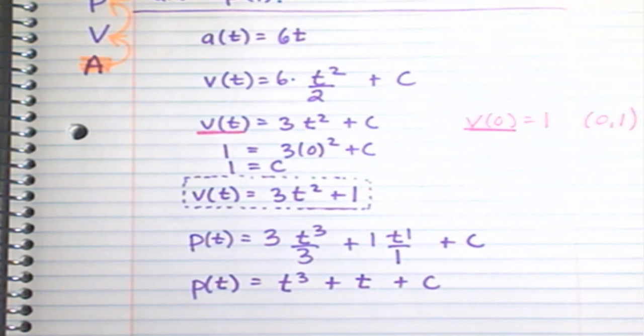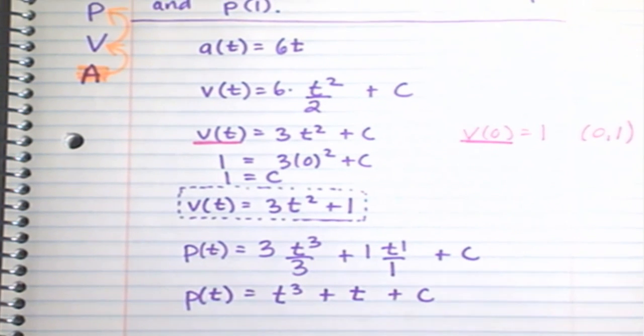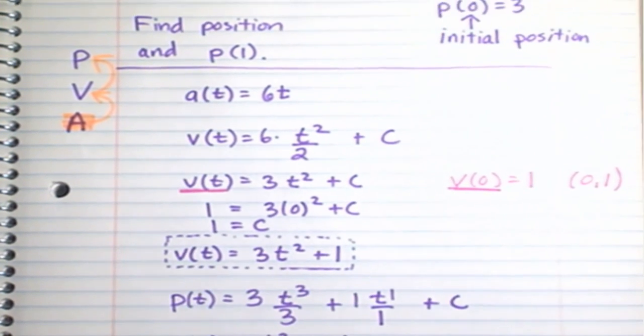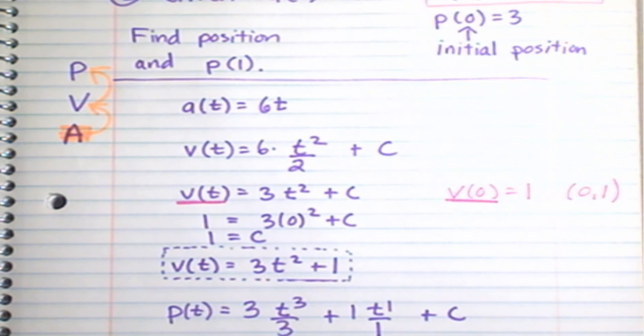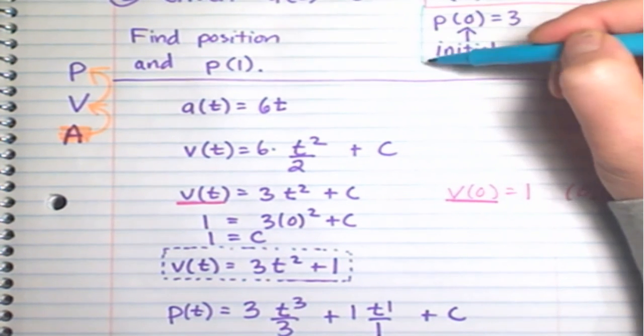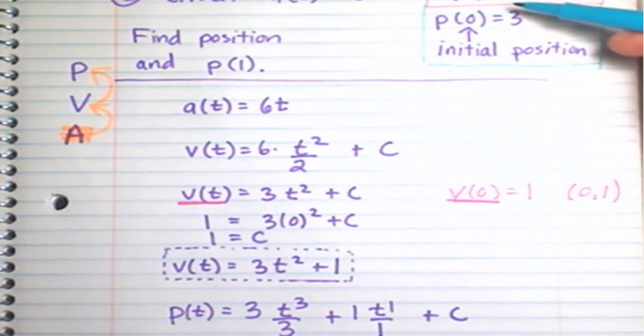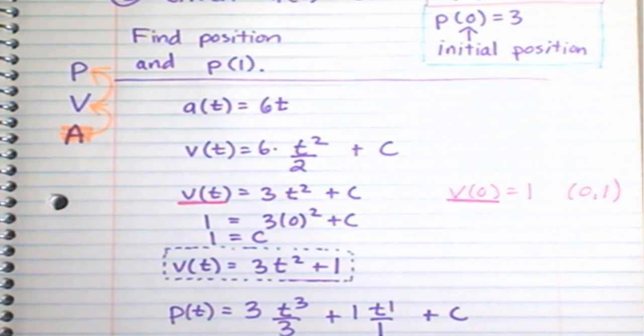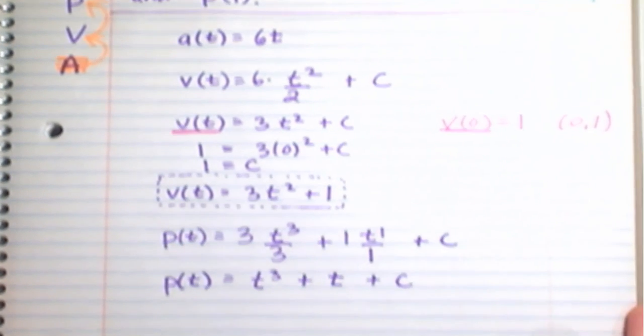Okay, so now let's go ahead and look. I think we've got 1, there it is, P of 0. So this is the position. Notice P of 0 equals 3.